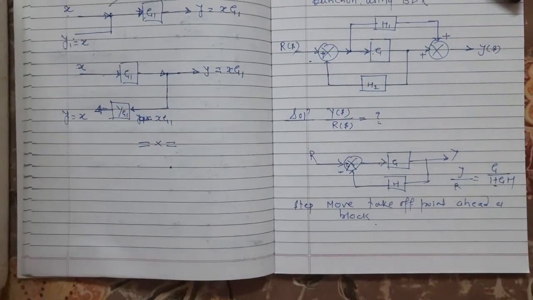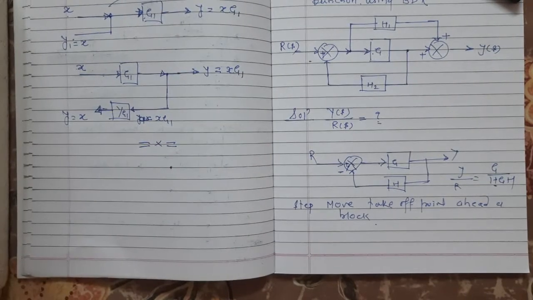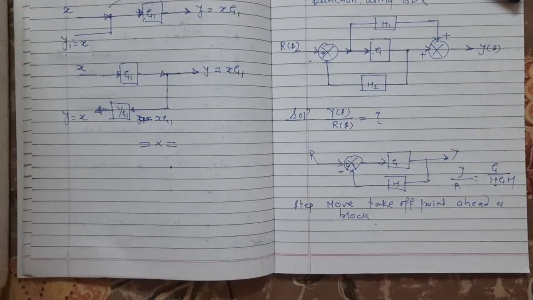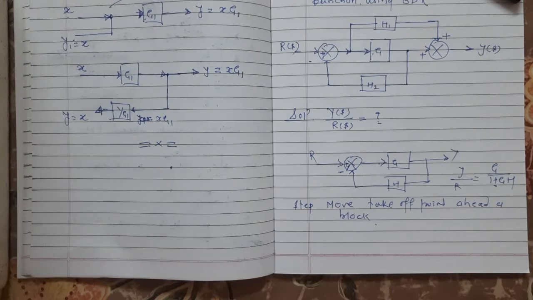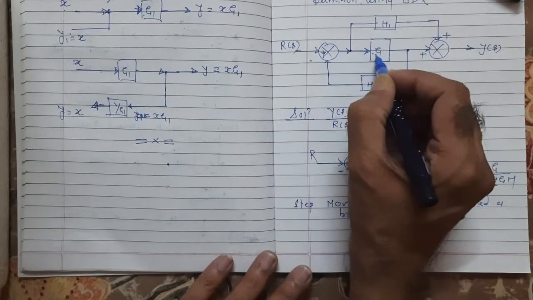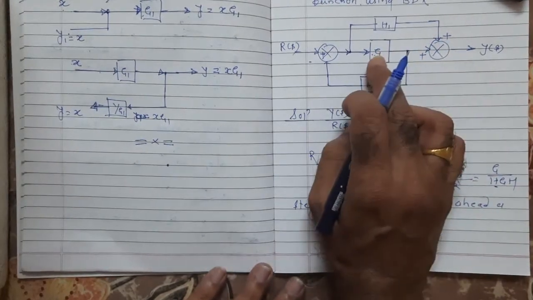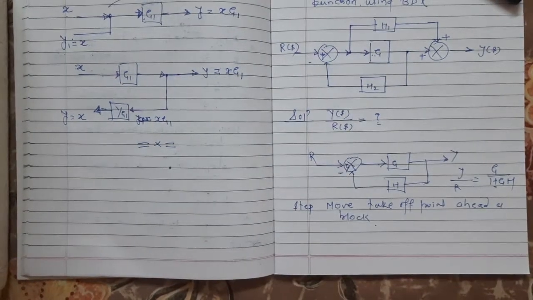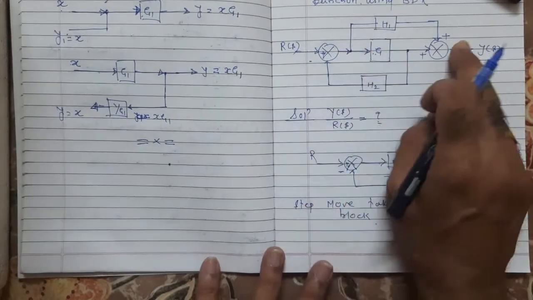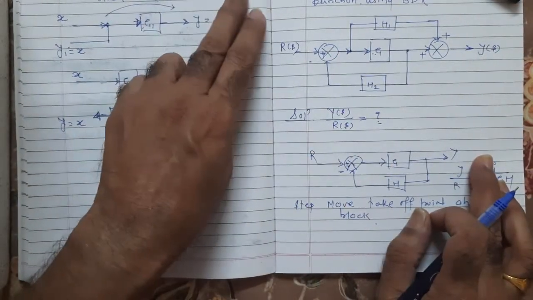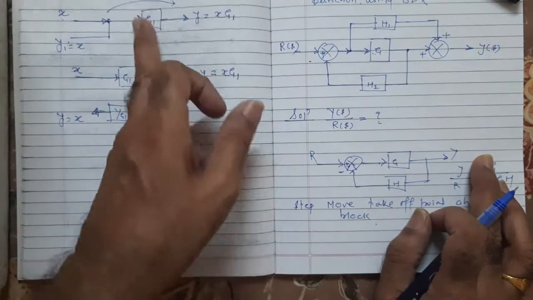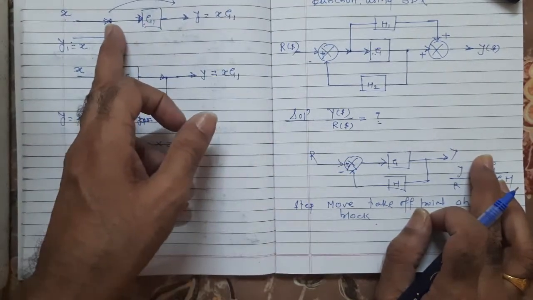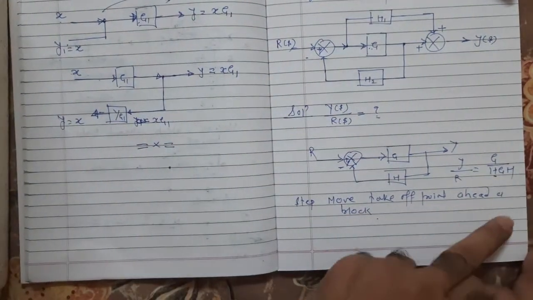Now see here, this takeoff point we are moving ahead of a block. Which block? That is G. Now see here, moving a takeoff point ahead of a block or after a block, we are moving the takeoff point after a block.